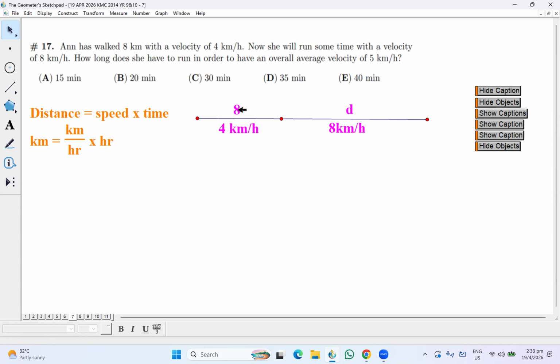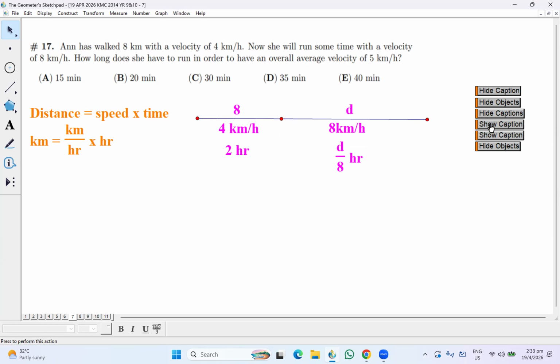So we know distance over speed gives you the time. Distance divided by speed equals time. So 8 divided by 4 is 2. D divided by 8 is the time, D over 8 hour. So we know the total time and we know the total distance.